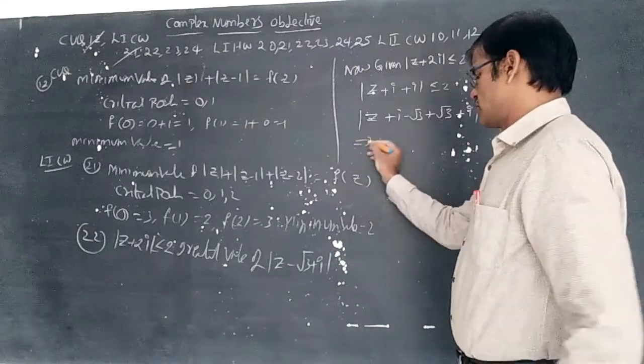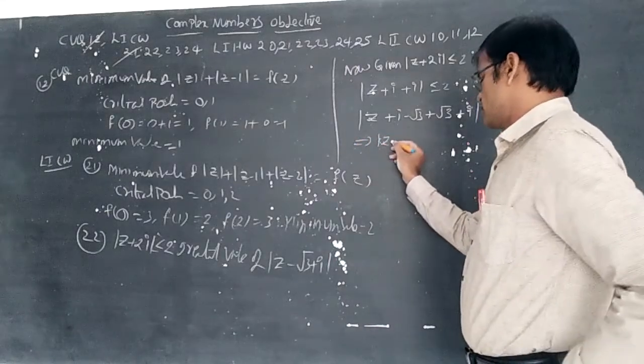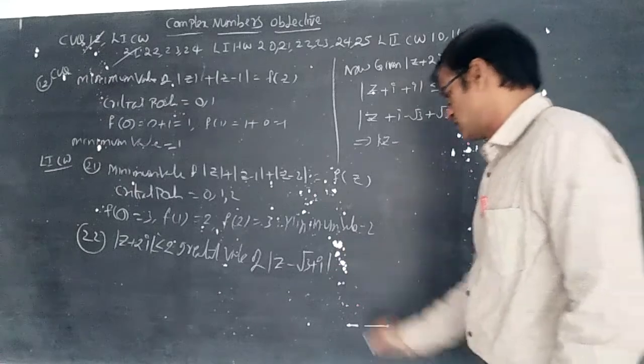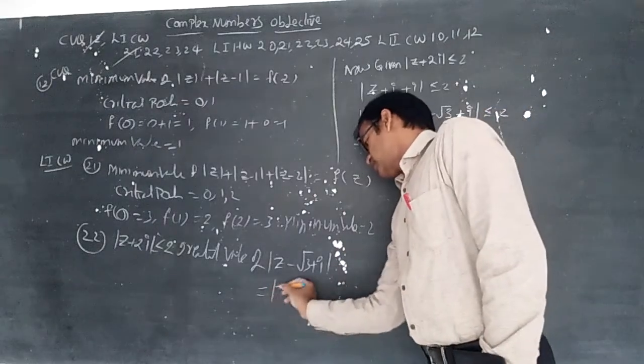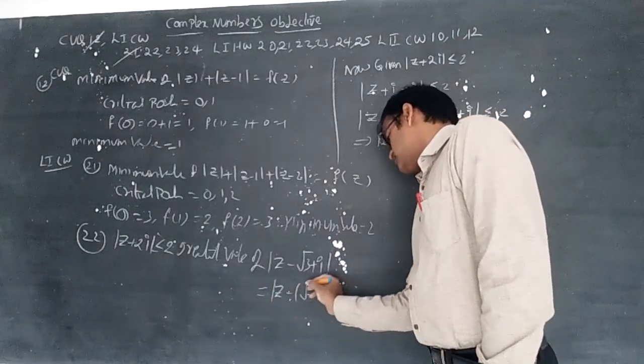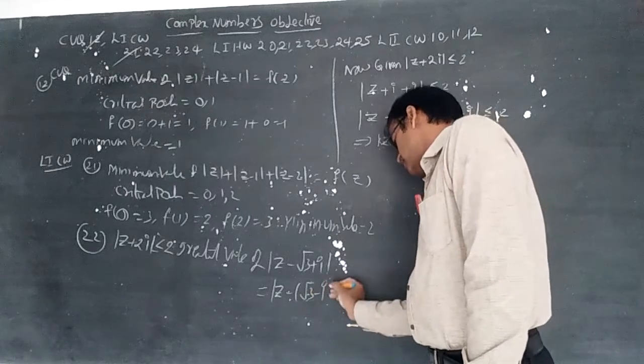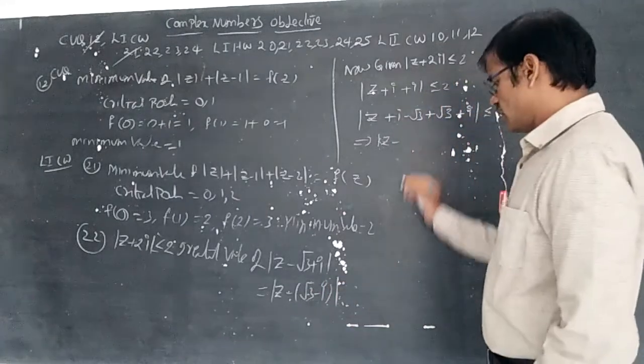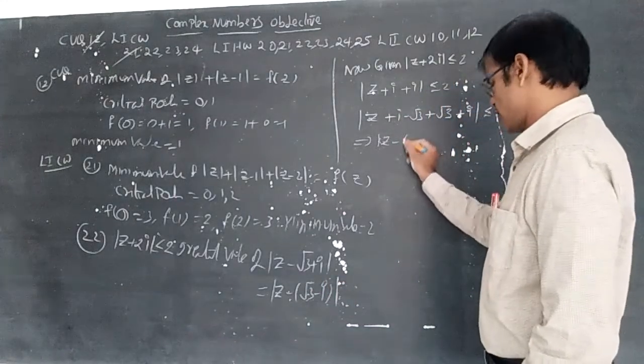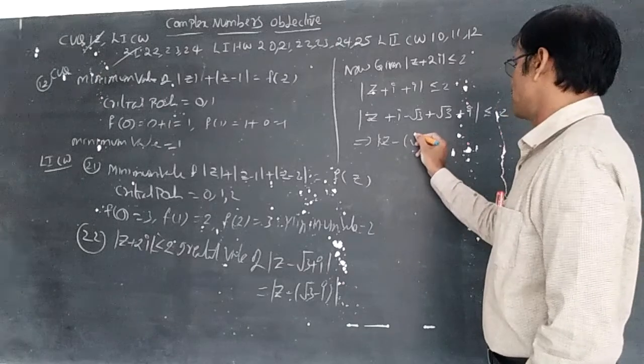Now write like this: modulus of z minus root 3 plus i, you should calculate. Write it like this: modulus of z minus of root 3 minus i.